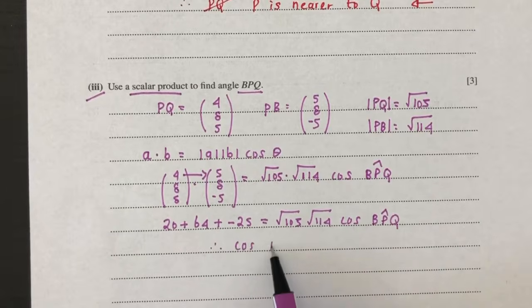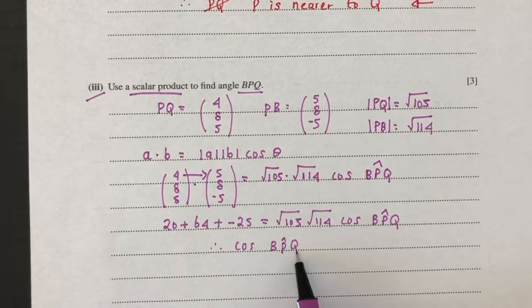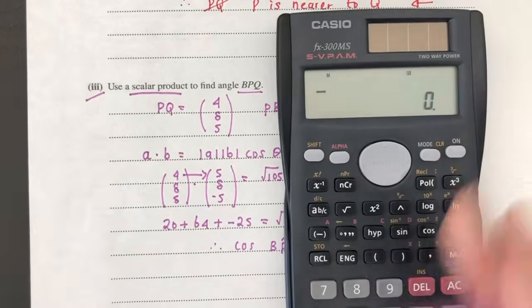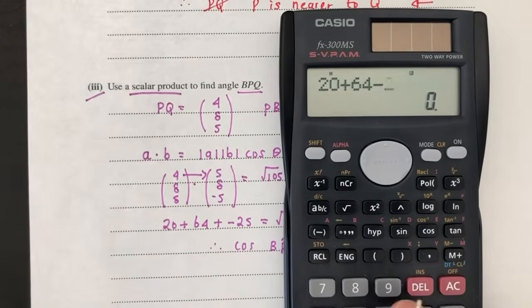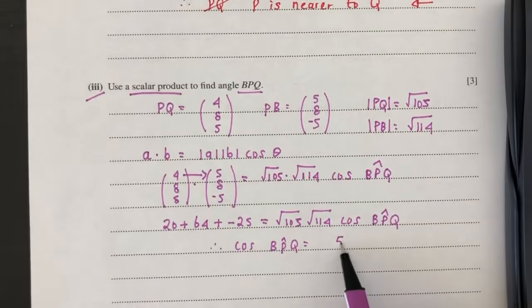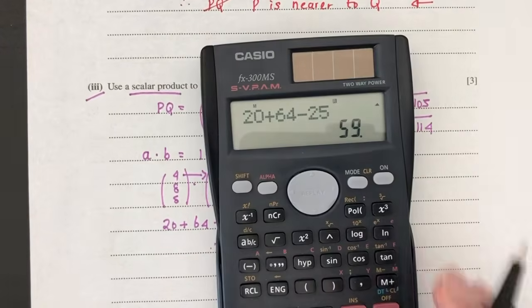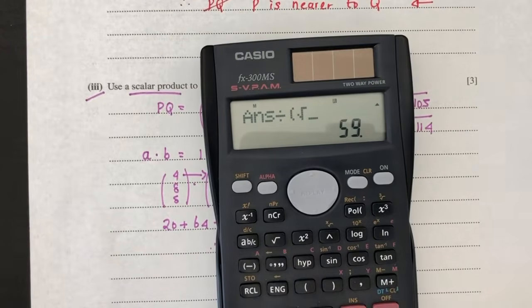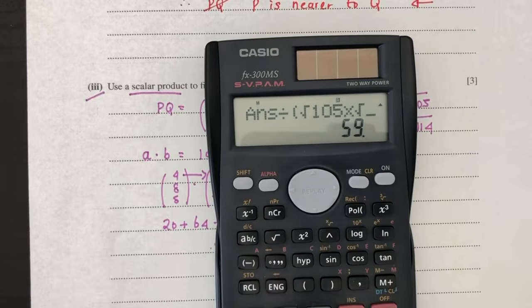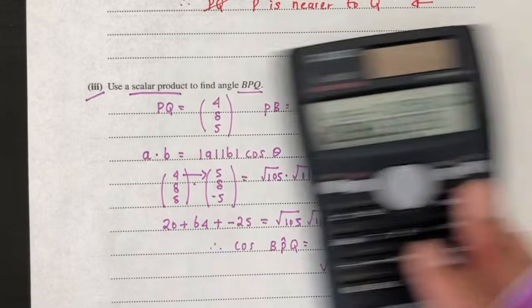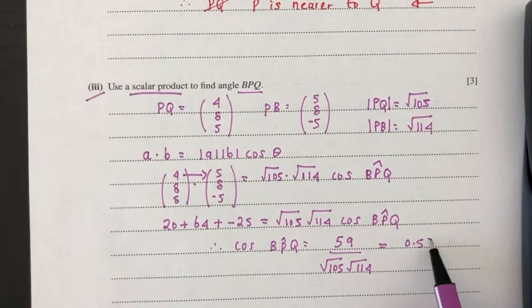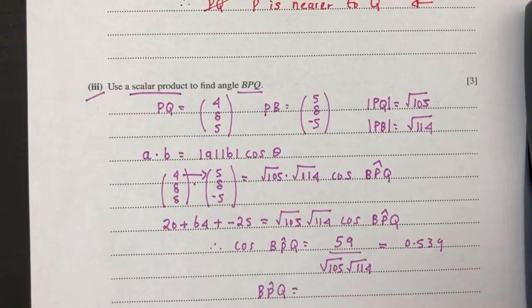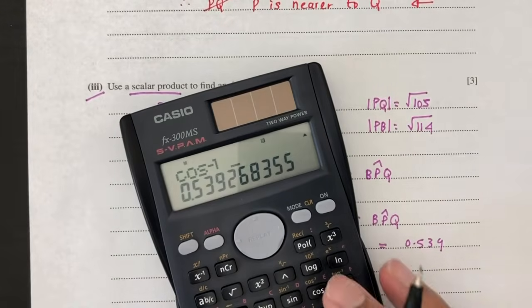So cos BPQ is equal to 20 plus 64 minus 25, that will be 59, divided by root of 105 times root of 114, which is 0.539. So for BPQ, you have to do cos inverse of that.